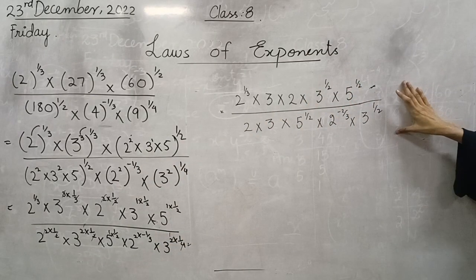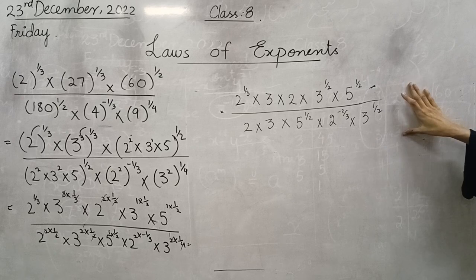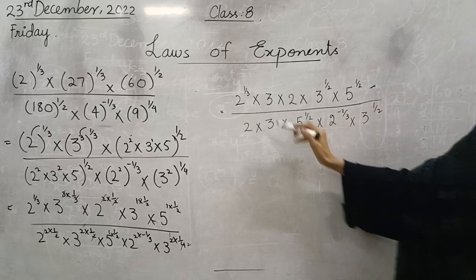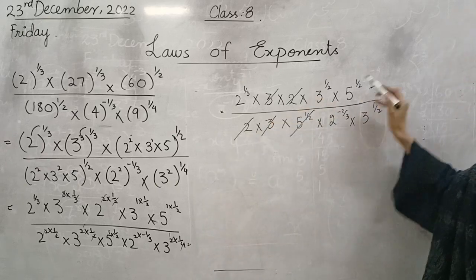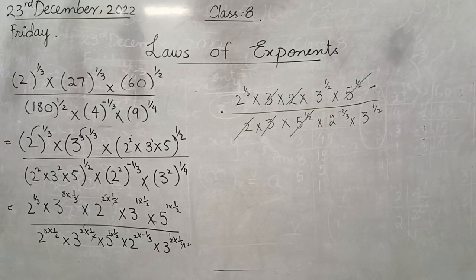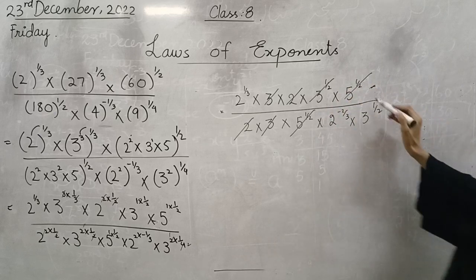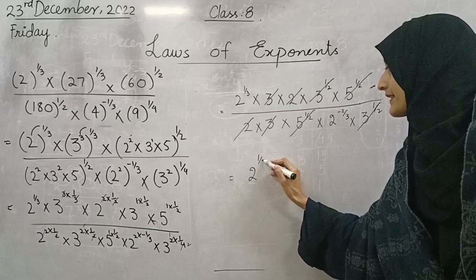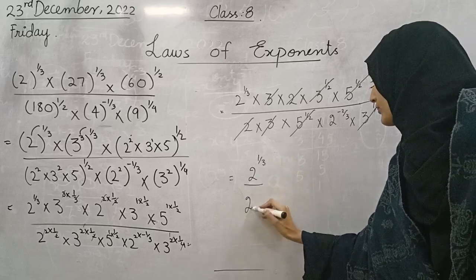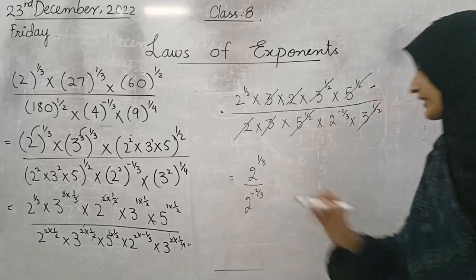Now most of the numbers are in simplified form. I can simplify: 3 will cancel, 2 will cancel, 5 raised to power 1 by 2 will cancel, 3 raised to power 1 by 2 will also cancel, and I am left with only two numbers, 2 raised to power 1 by 3 and 2 raised to power minus 2 by 3.